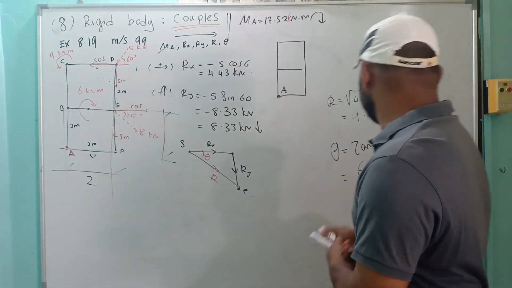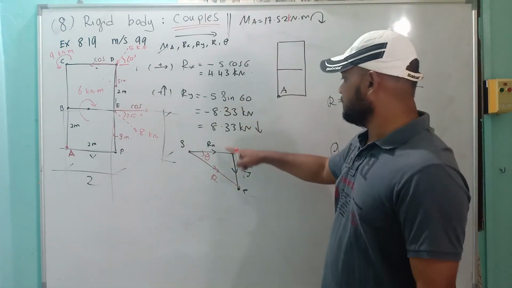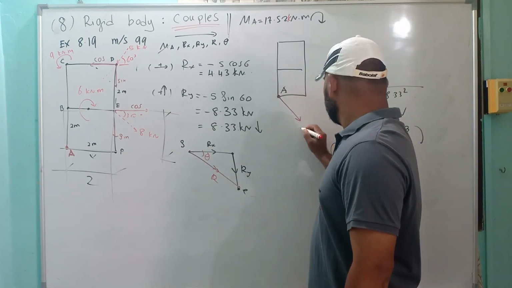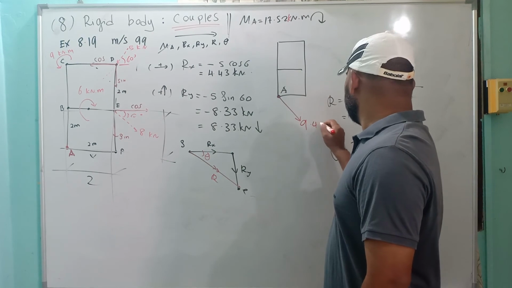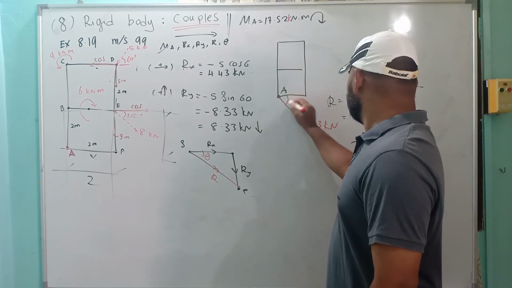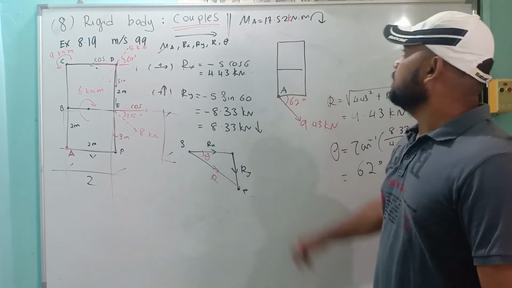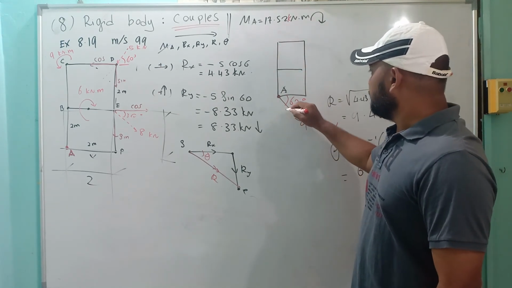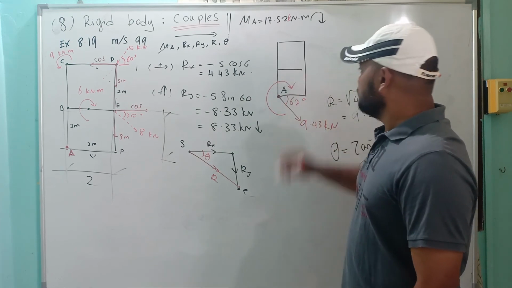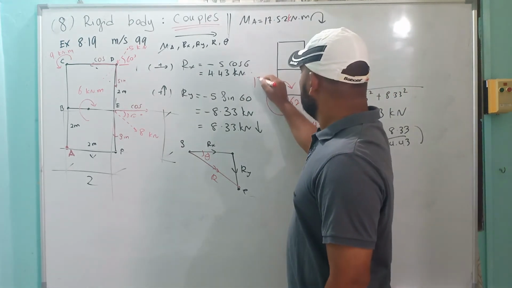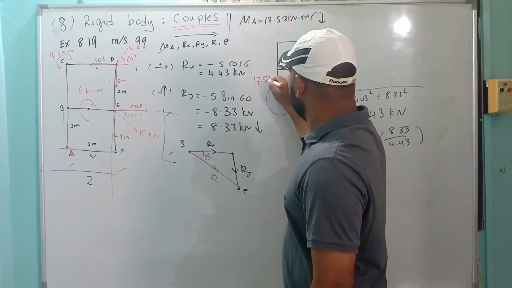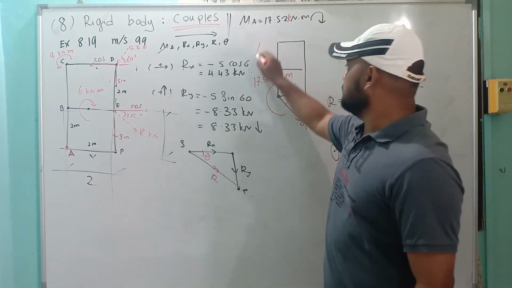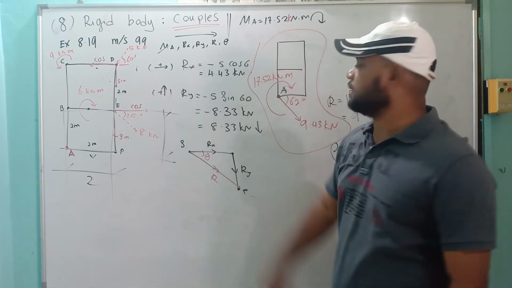The final answer is to put the R, which is downward. So this is your R, 9.43 kilonewton, 62 degrees. The moment, which is clockwise, is 17.52 kilonewton meter. So you put the moment here. Okay, so this is your final answer.